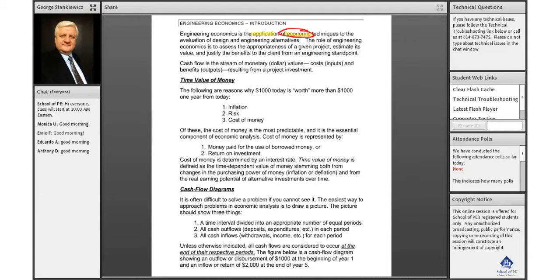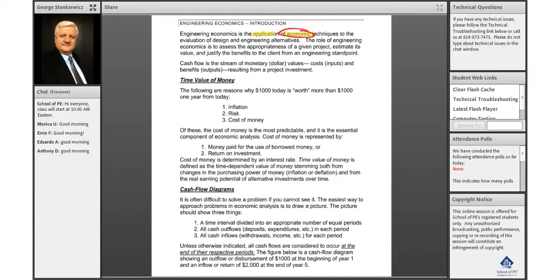Let's say that you're designing a system whereby the system will grow by 5% for the next 15 years. And so you have to design the system for that 15th year. Well, this is where you would find engineering economics.